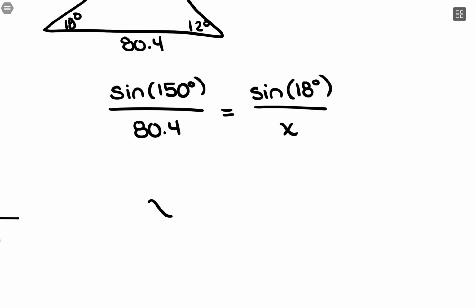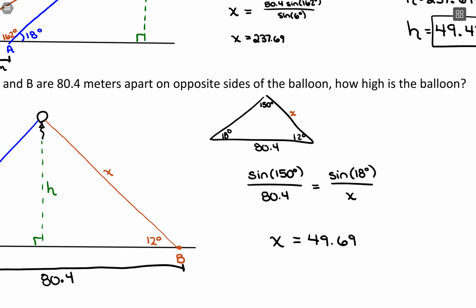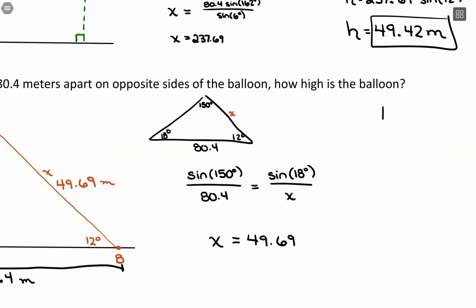And then solving and plugging into the calculator, just to skip ahead a little bit for the sake of time, should be 49.69. So we just found this side length right here, in meters. All right, now with that, let's take a look at this right triangle where we just got an extra side length. So we don't know what the height is.